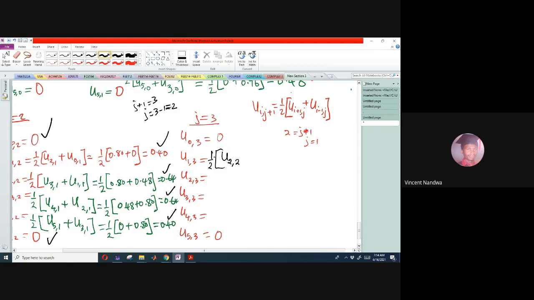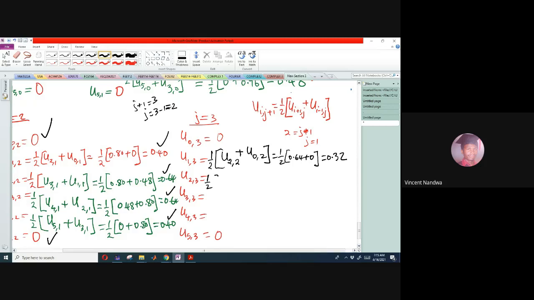So every value of j will be 2 for this case. And then plus u(1-1, 2) which is u(0,2). So when you put in, the value will be a half into 0.64 plus 0, which will be 0.32.